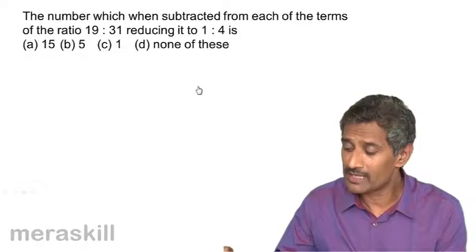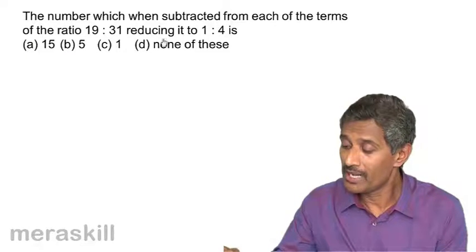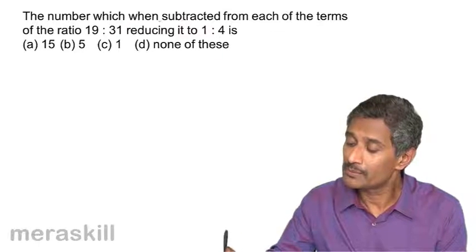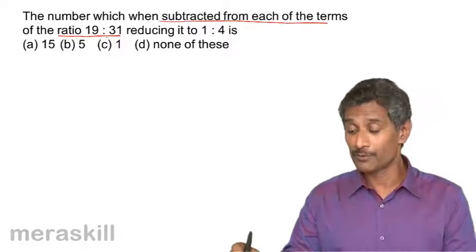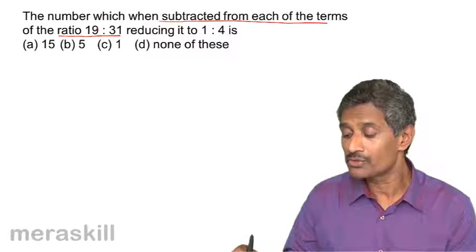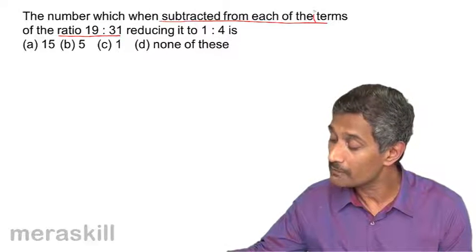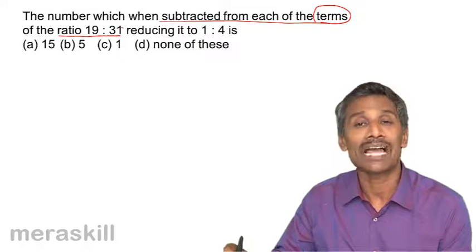Let's take the next example. Okay. Here we have a case wherein a number is subtracted from each of the terms. Now you need to be careful over here. Here we are not going to take the numbers as 19x and 31x, because it's told from each of the terms. So that means we'll take 19 and 31 in actuality.